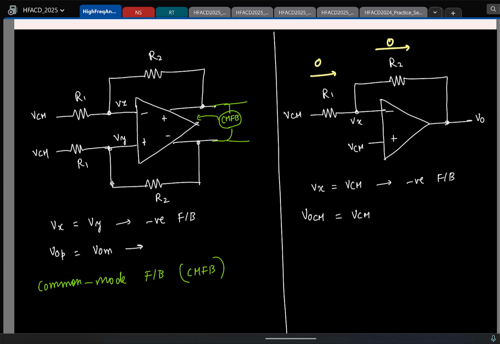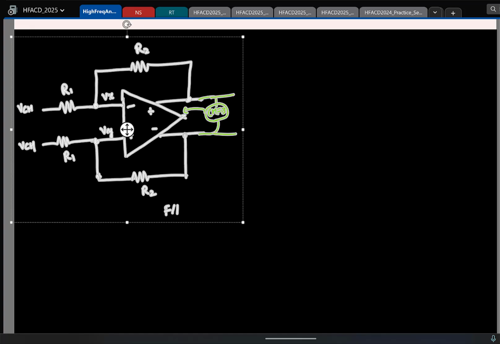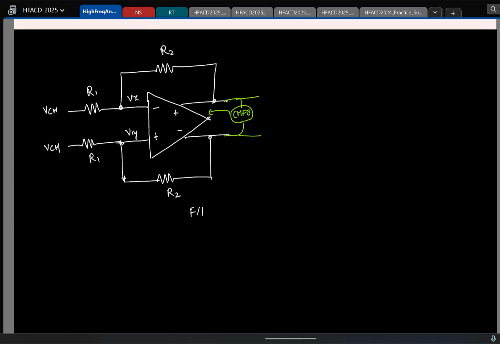This is fine. So let's just do this and wrap up. Let us say I have the output common mode defined. Let us say the common mode feedback loop is setting the output common mode to some VOCM. And let us say at the input you apply a common mode of VICM, that is the input bias. What can you say about Vx?